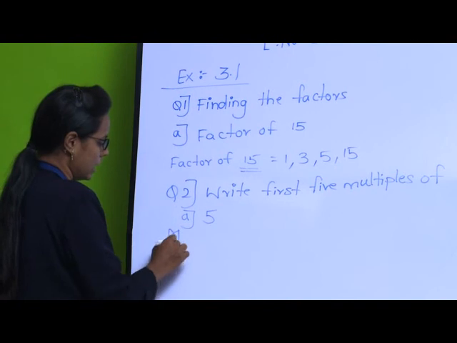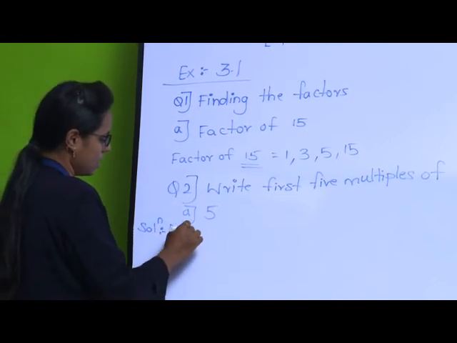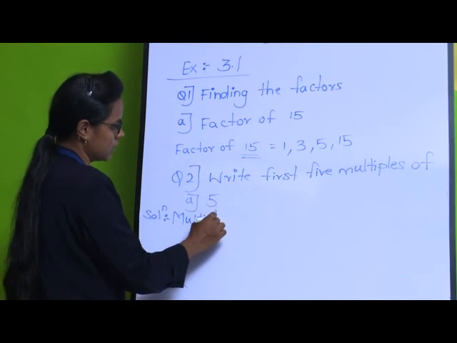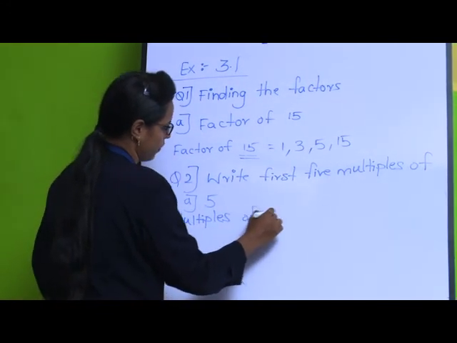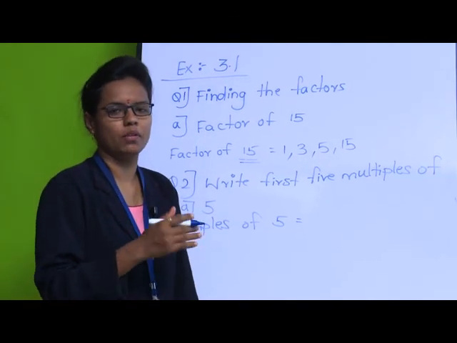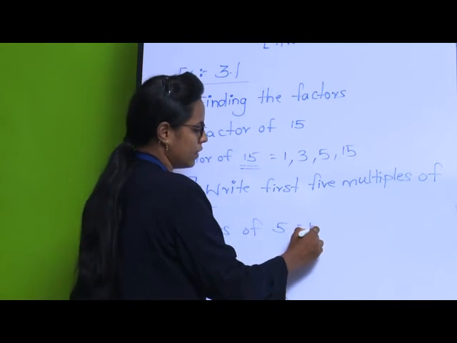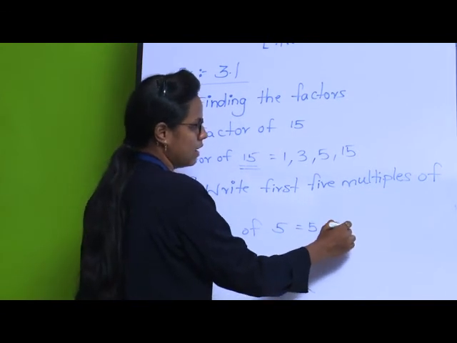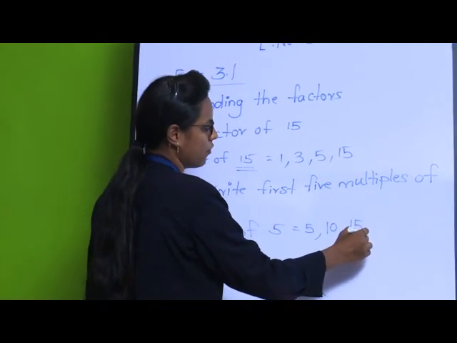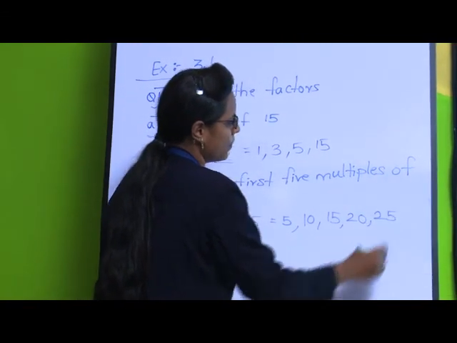In the solution you have to write multiples of 5, that is, the table of 5. 5 ones are 5, 5 twos are 10, 5 threes are 15, 5 fours are 20 and 5 fives are 25.